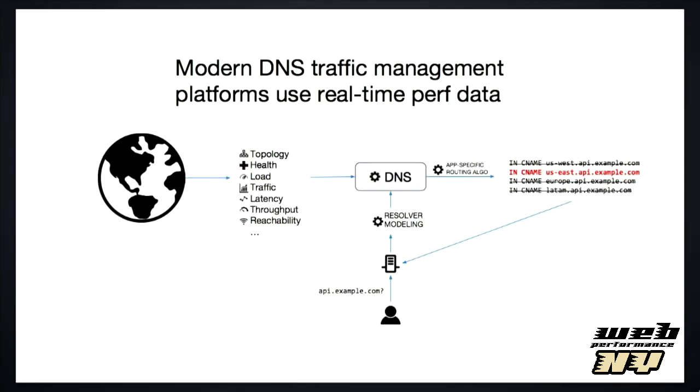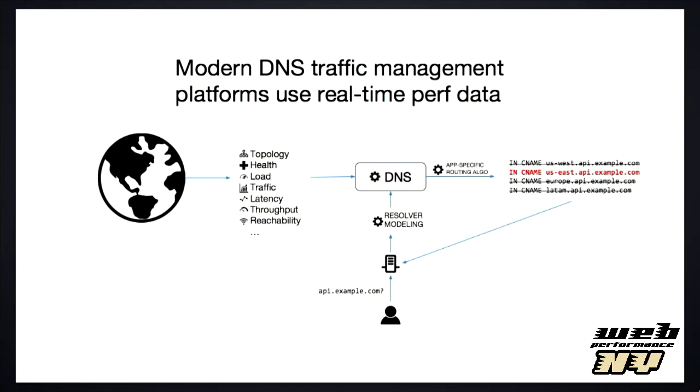So when Bob down here says, I want the IP address of api.example.com, we run him through a little modeling process to understand who he is, what network he's on, how he's connected to the internet, whether he's on a mobile device or not, certainly where he is geographically, and so on. Then we compare that with everything we know about your infrastructure, about what's going on on the internet right now. We make a decision that has nothing to do with simple geography, but has to do with the actual metric of performance that you're trying to optimize.